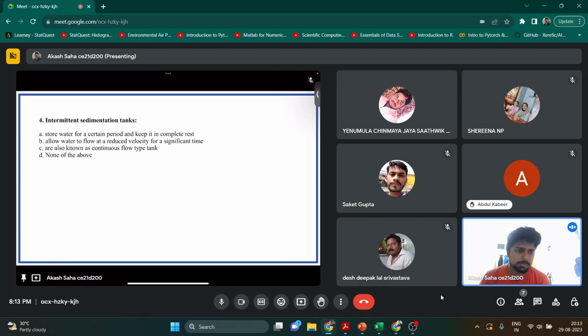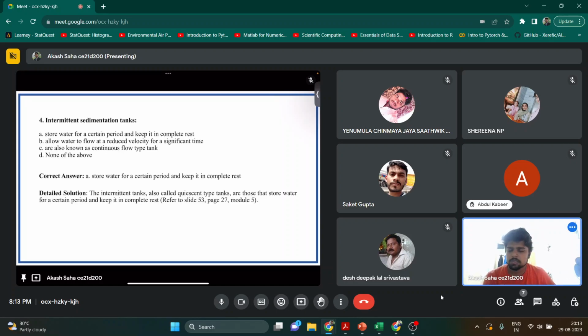So we have two types of tank. Yes, Satvik. Option A, sir. Option A, yes, it will store the water for a specified period of time and it will be in complete rest. If it is flowing at a reduced velocity, then it will be a continuous flow type tank. So option A is correct, right?